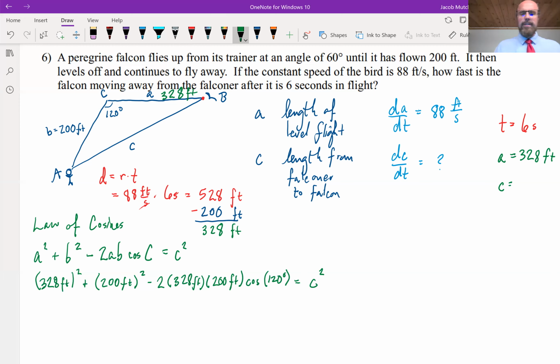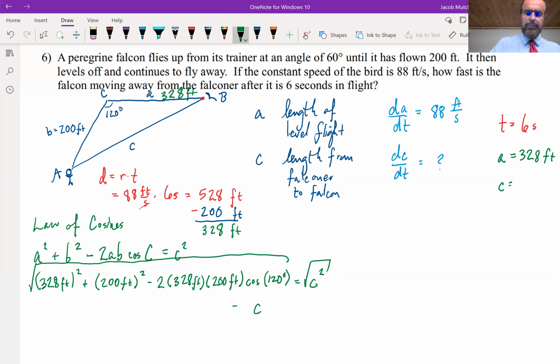Now I want to find C, so to do that, I'm going to take the square root of both sides, and what that gives me is this approximation. C is about equal to, well, let's put the exact version and then we'll put the approximation.